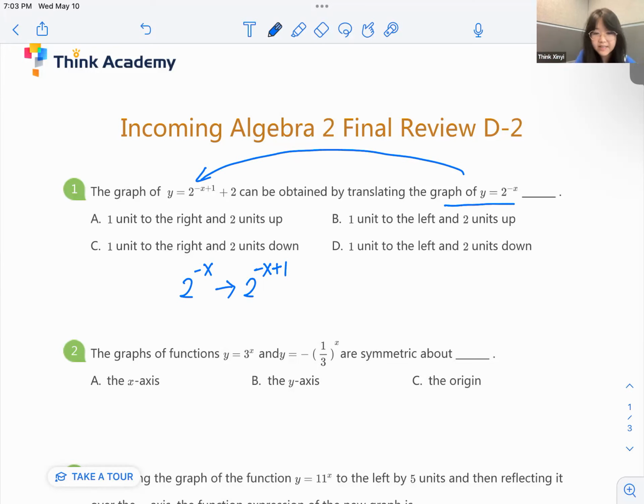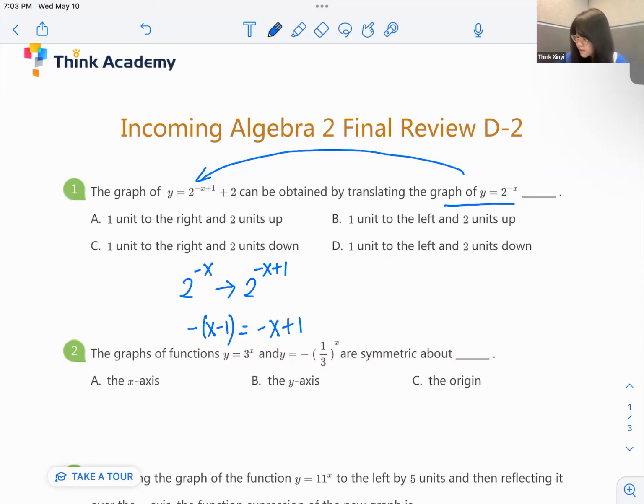Since it's changed the x value here. So how does it change the x value? So actually we have negative x minus 1, right? So it equals negative x plus 1. So we change the x by subtracting 1.